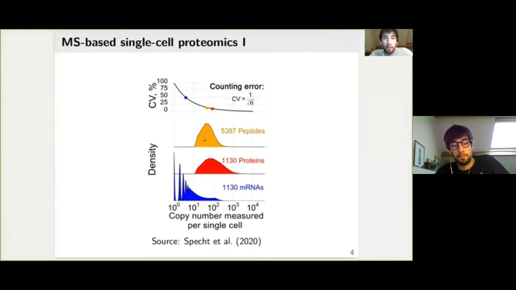It is known that RNA is present at very low copy numbers, and therefore it is essential to have PCR to amplify the copies and be able to measure them. On the other hand, proteins are between 1 and 2 orders of magnitude more abundant than RNA. This decreases the counting error, but it also means that we could potentially measure them using mass spectrometry.